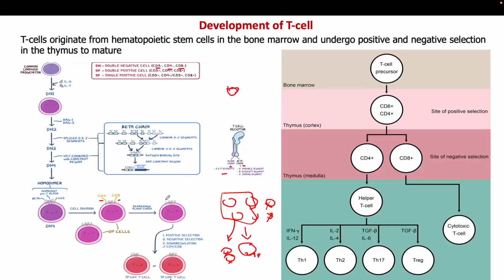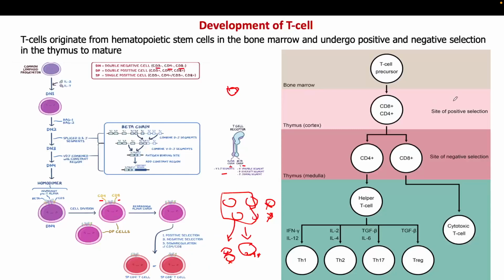Because it has two types of receptor, if it becomes a CD4 T cell it will down regulate its CD8 receptor. Likewise, a CD8 T cell will down regulate the CD4 receptor. This happens after positive and negative selection.